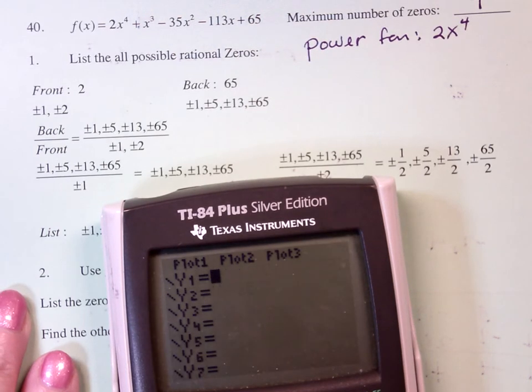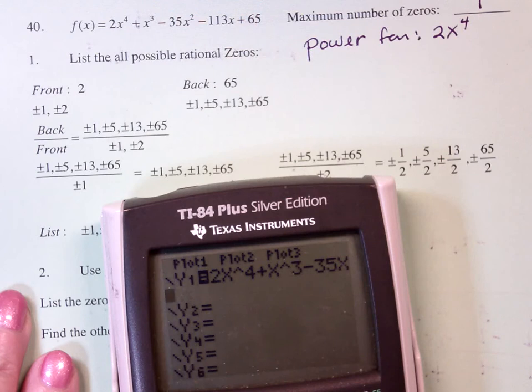So this will be 2x to the 4th plus x to the 3 minus 35x squared minus 113x plus 65.